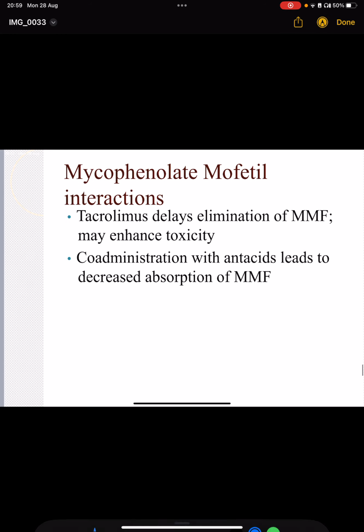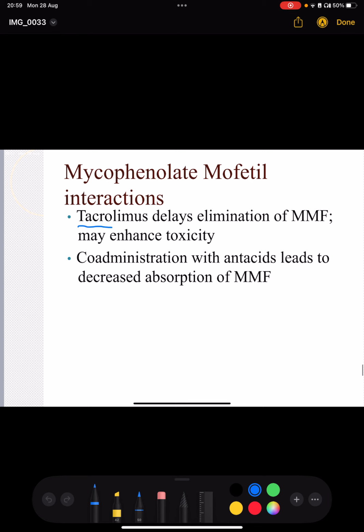It has interactions with tacrolimus because tacrolimus delays its elimination, which may enhance its toxicity. Co-administration with antacids leads to decreased absorption of mycophenolate mofetil. Why do you think this might be the case?